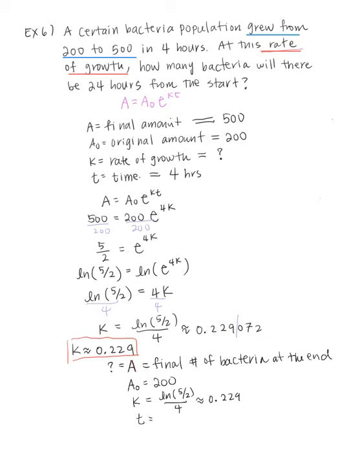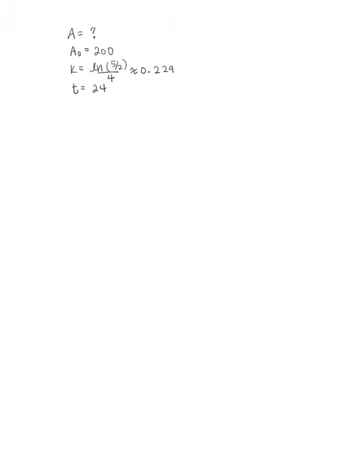Well, it says how many bacteria will be there in 24 hours from the start. So our t is going to be 24. So A sub 0 is 200, K is approximately 0.229, and t is 24.